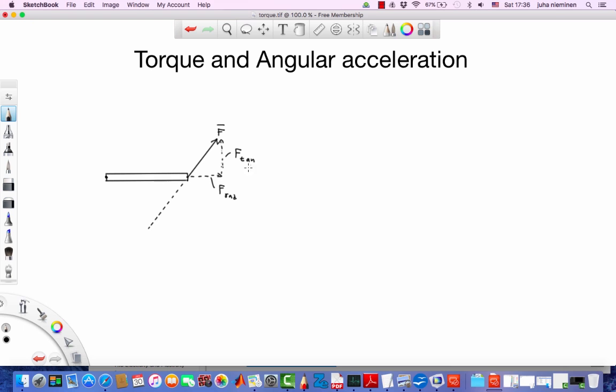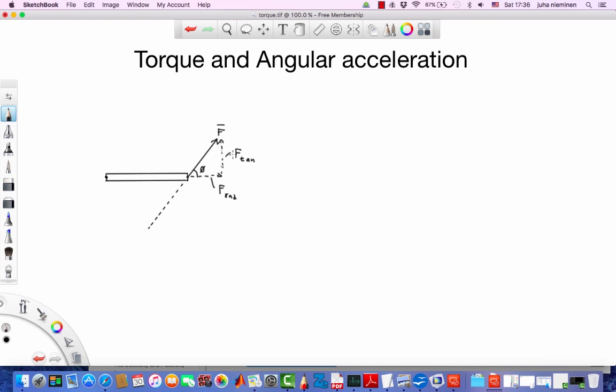It is clear from this figure that the radial component is not going to make this lever rotate, it just pulls on it. So the only component that can produce any kind of angular or rotational motion is the tangential component. And if this is the angle phi, the angle between the force and the directional vector of the lever, we call it phi.